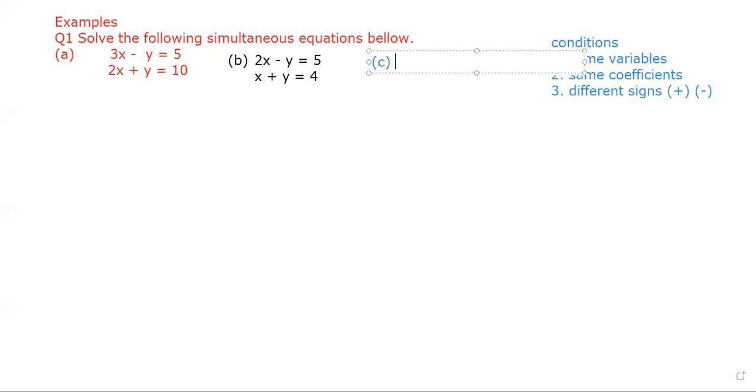Question number C, we've got 3x minus 2y, which is equated to 12. Then the other one says x plus 3y, and then the answer is equated to -7.